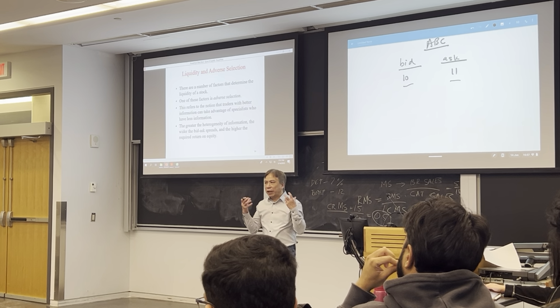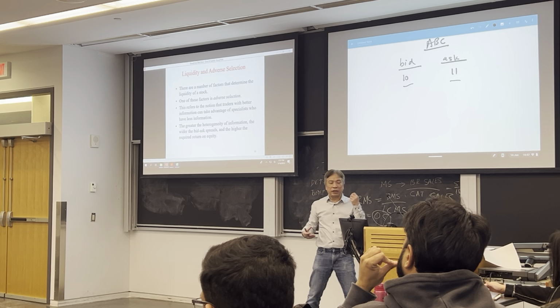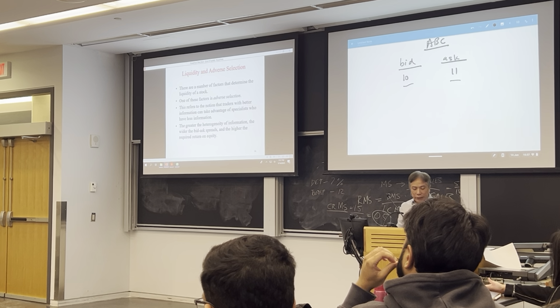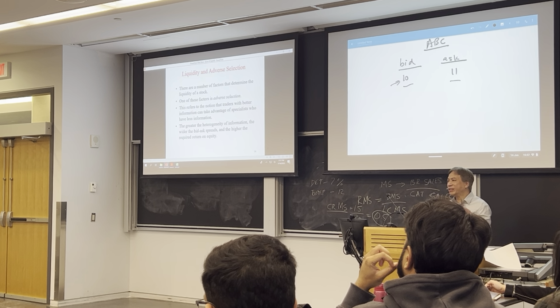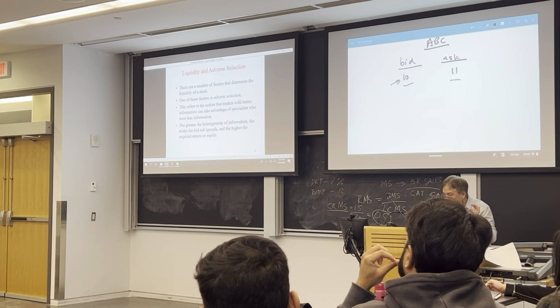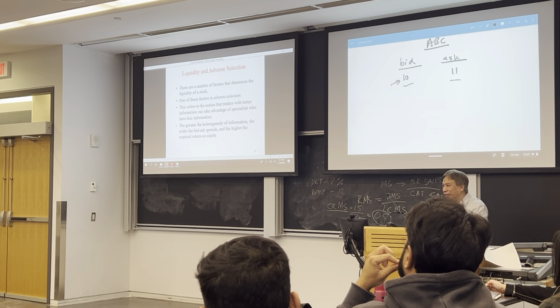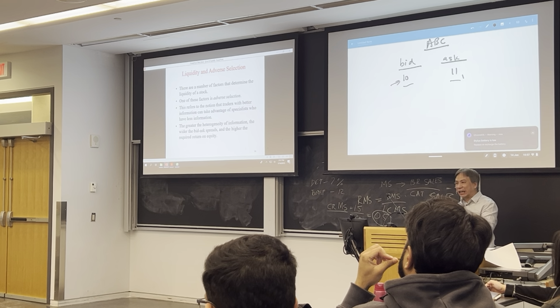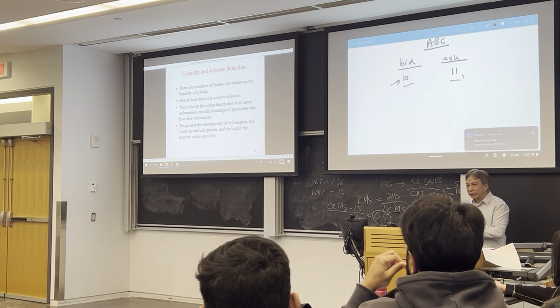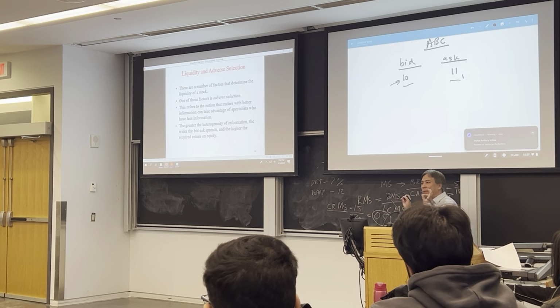They make money from the bid-ask spread: if they buy, they only pay $10, and when they sell, they get $11. That's how the market maker makes money.